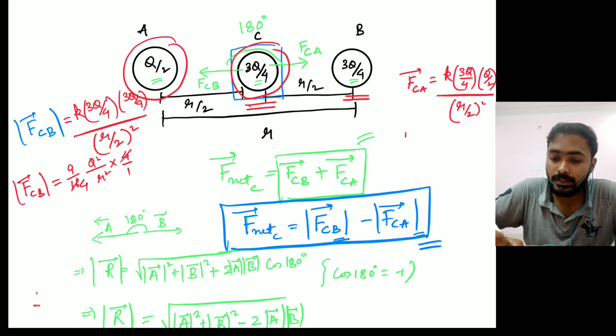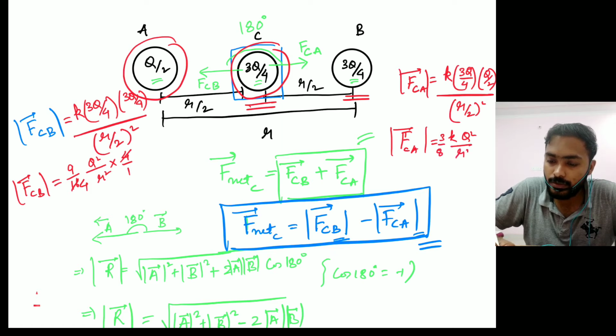Very simple. So I can write the FCA magnitude to be K, q square, 3 upon 4 into 2, and r square into 4 upon 1.